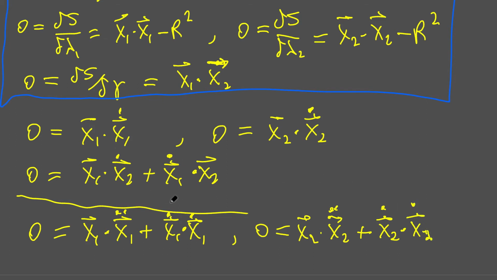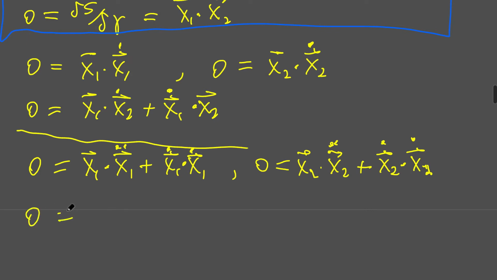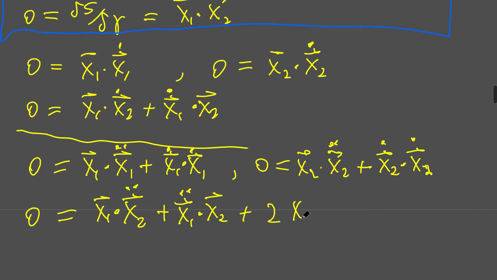And finally, for this equation, taking another time derivative, we have x1 vector dotted with x2 vector double dot plus x1 vector double dot dotted with x2 vector, and then there's a term x1 dot with x2 dot and another one here. So we have two x1 vector dot product with x2 vector dot. All right, so there's our constraint equations differentiated twice in time.